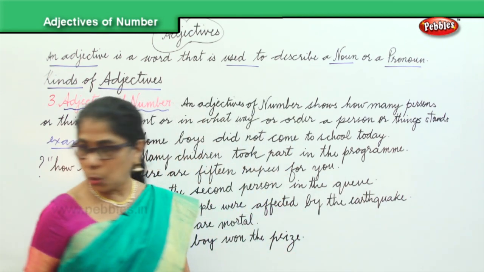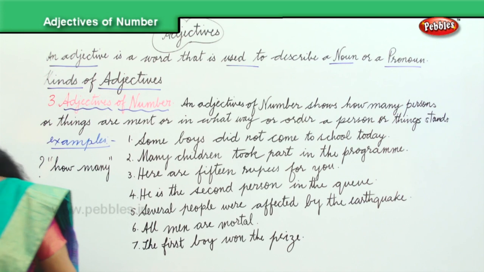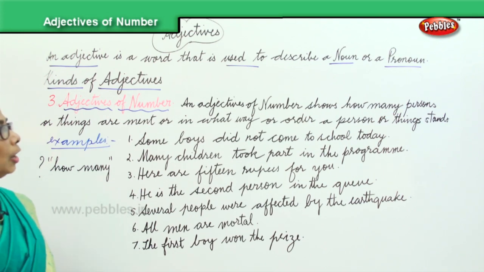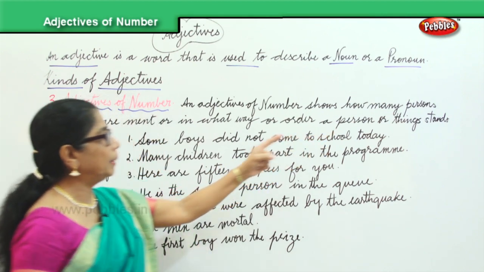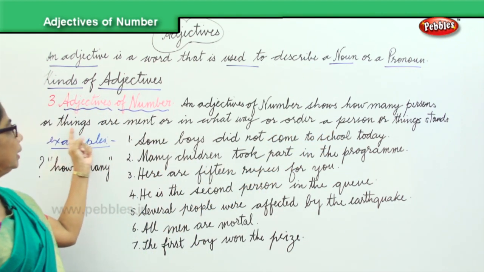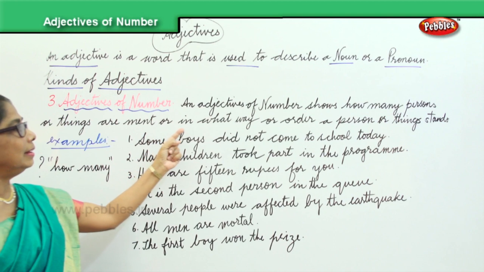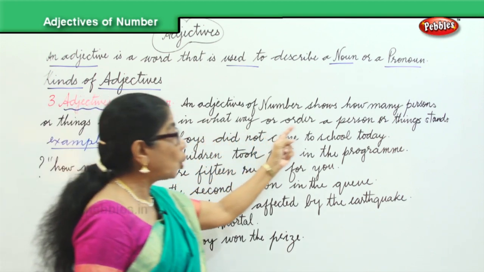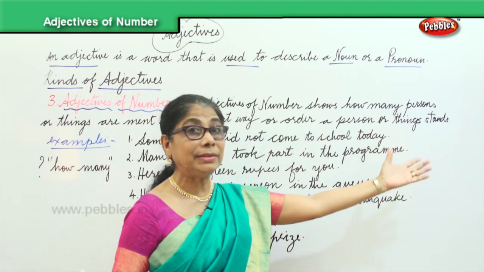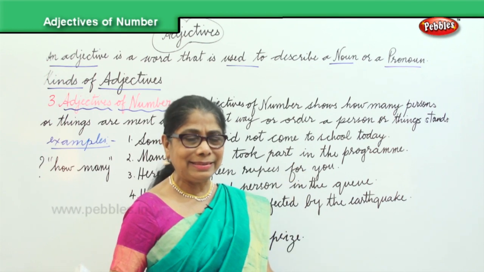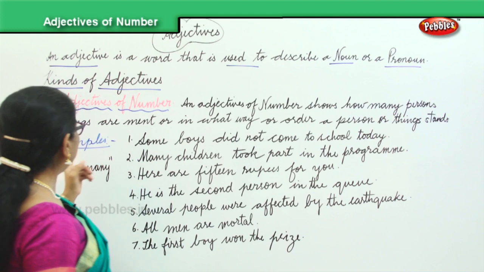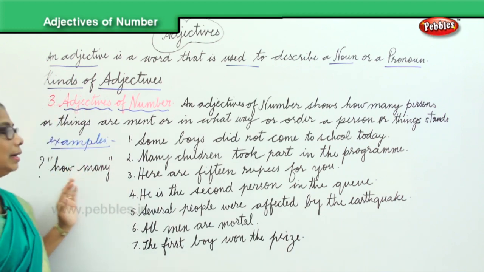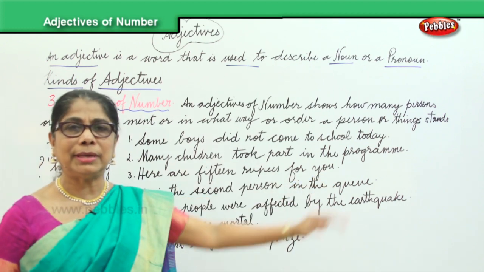Now let's look at all the sentences I have here for you. Now we are talking about adjectives of number, which shows how many persons or things are meant, in what way or order a person or thing stand. Let's look at each of these sentences to find out if it's an adjective of number. You ask the question, how many, to the sentence.